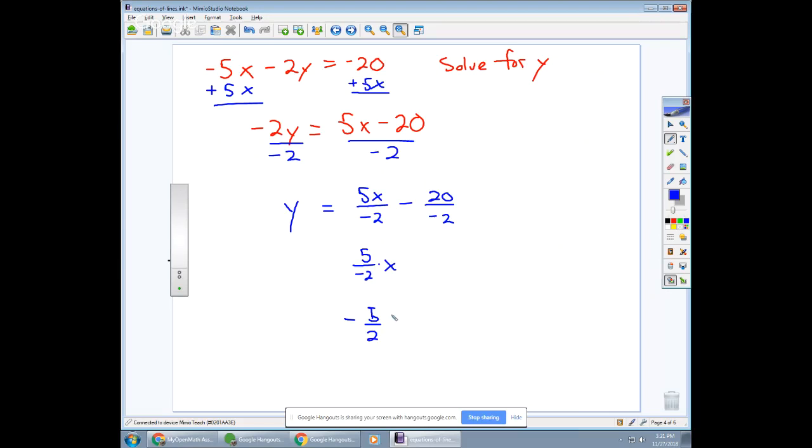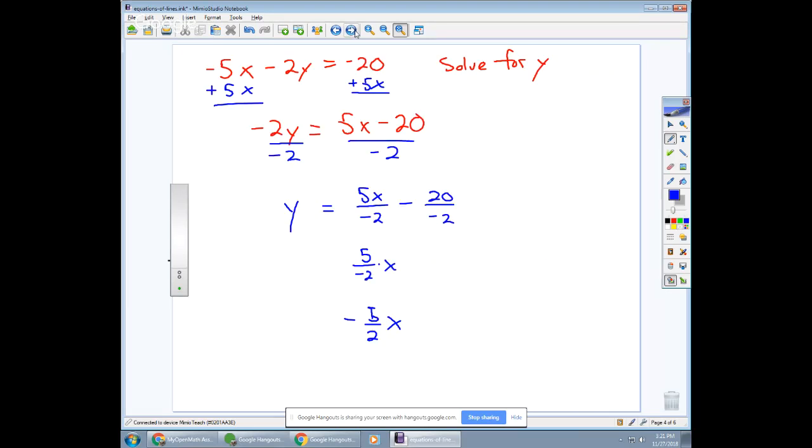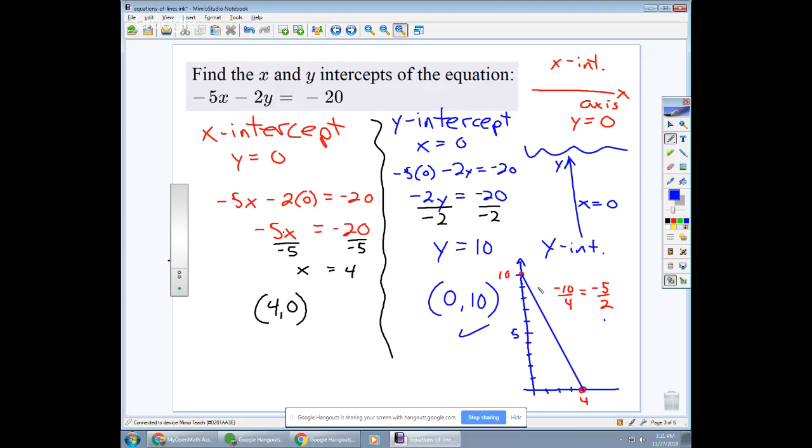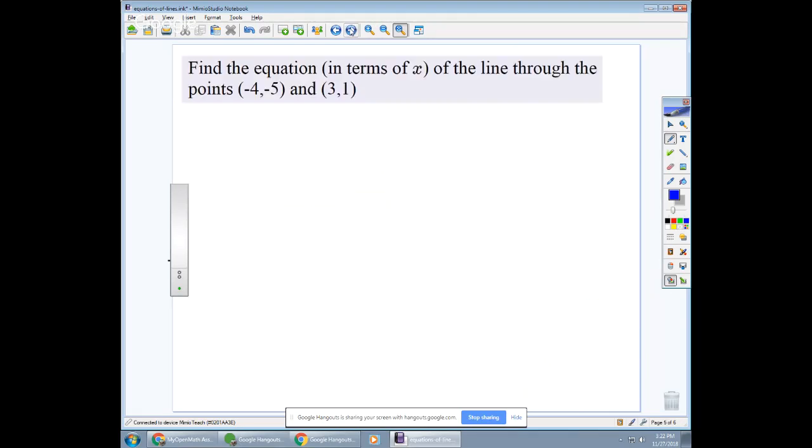Whoa, that's a funky 5. And that looks good because that's what the picture showed me when I plotted the intercepts I found. And then negative 20 divided by negative 2 is a plus 10, which is what I believe the y-intercept to be. Yeah, so solving that equation for y, putting it in slope-intercept form, matches the intercepts and slope that I found. Good job. Let's try another.